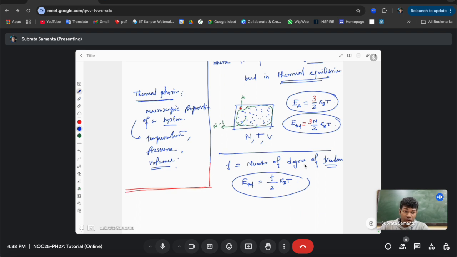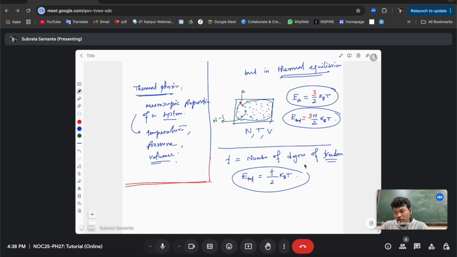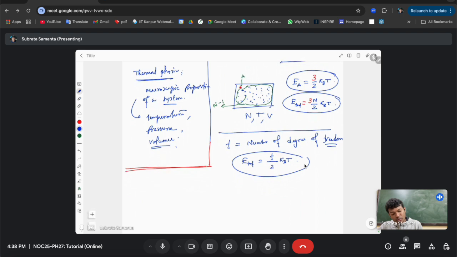So this is computed from the motions of the particles. What is your energy for a particle if there is no potential?